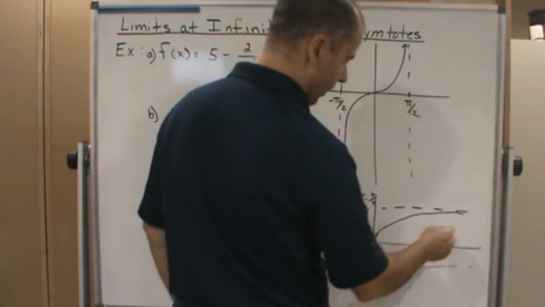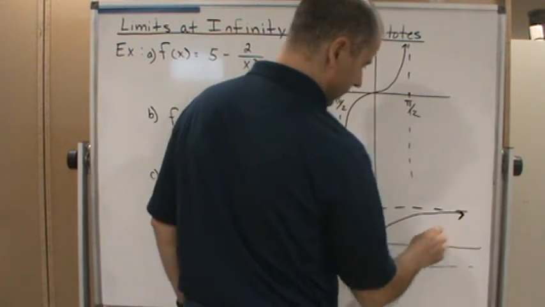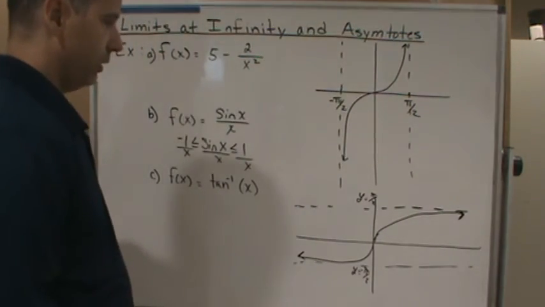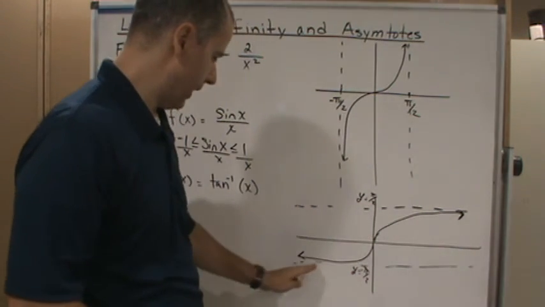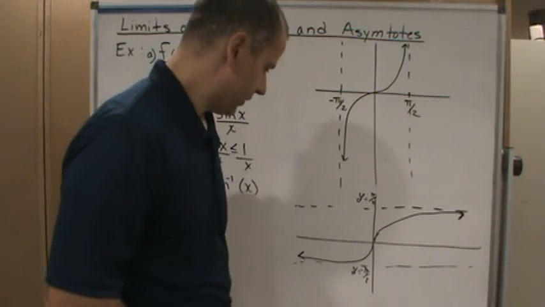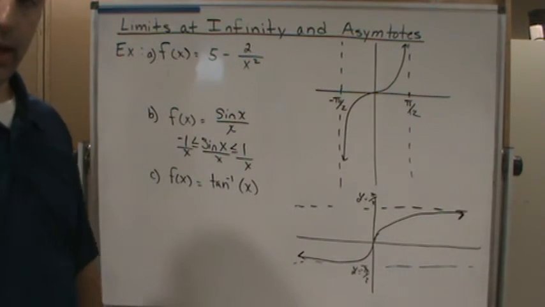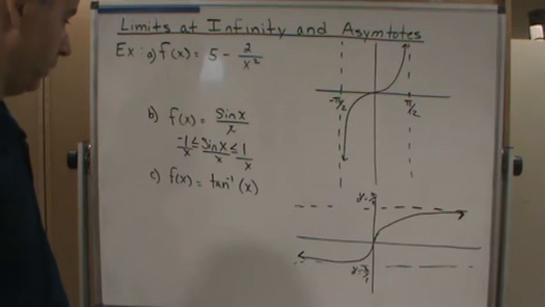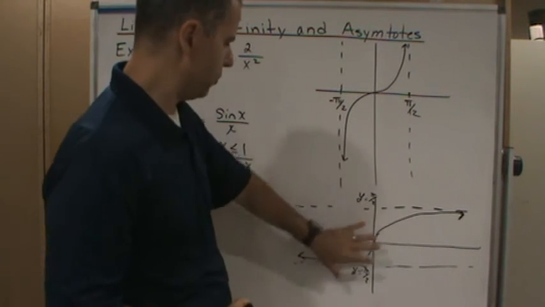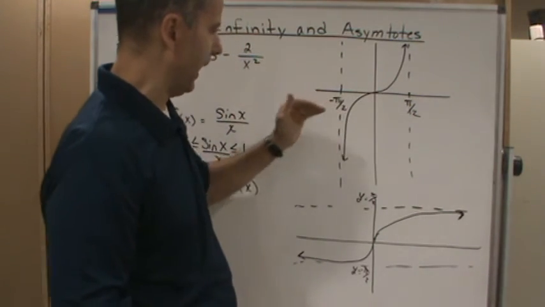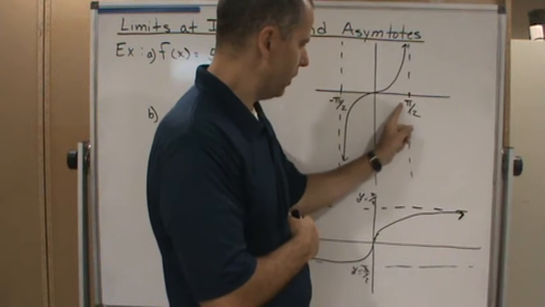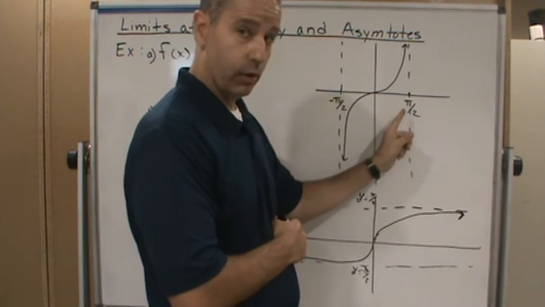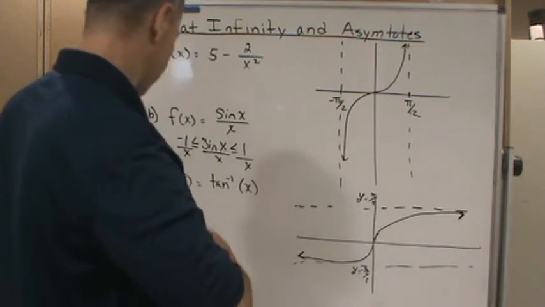And so what happens? If I go to positive infinity, it's approaching y equals pi over 2. If I go to negative infinity, it's approaching negative pi over 2. So you can deduce this by looking at the graph. There are two ways to do it.